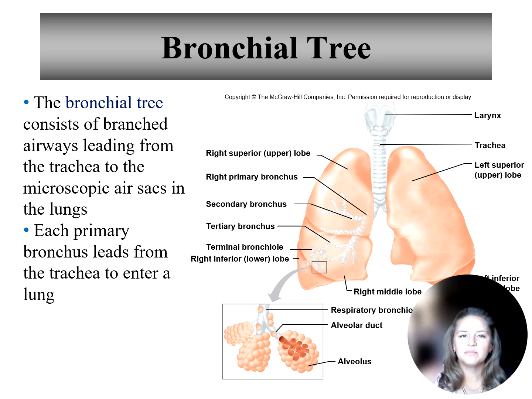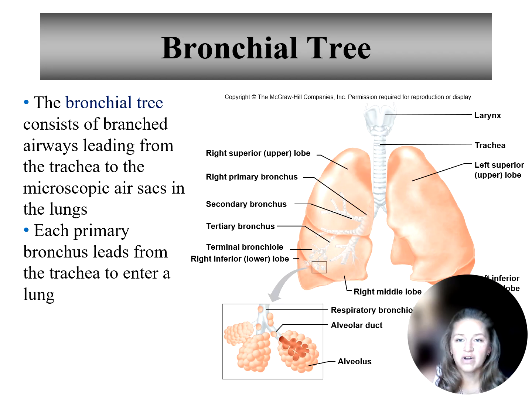Okay, so let's talk about the bronchial tree. It's called a tree because it branches out. It looks very similar to the branching structure of a tree. It consists of branched airways leading from the trachea to these microscopic air sacs in the lungs. Each primary bronchus leads from the trachea to enter the lung.